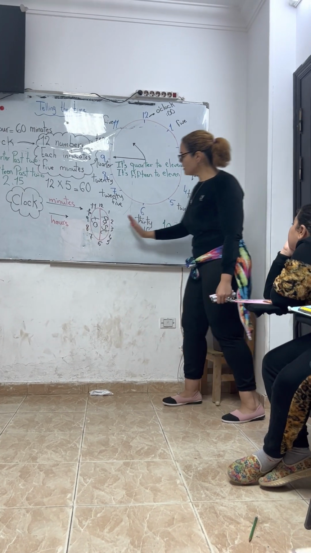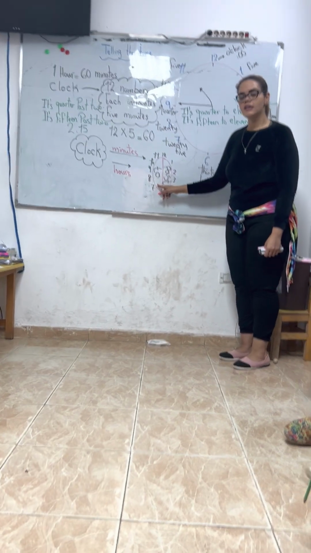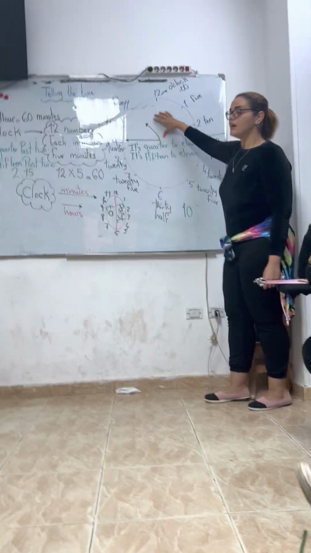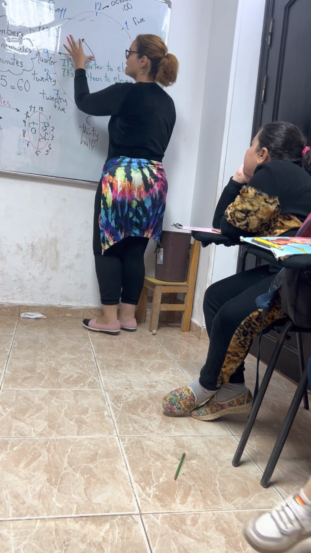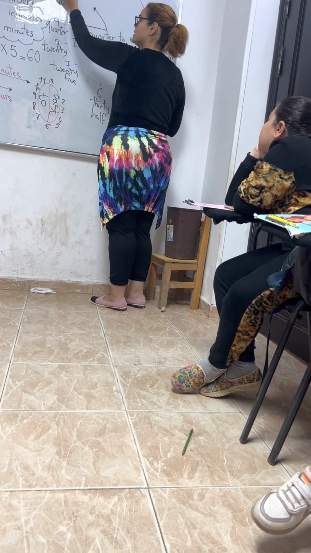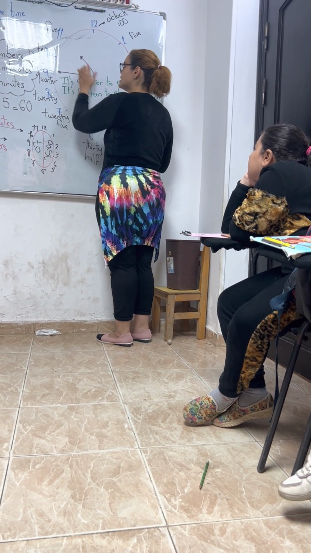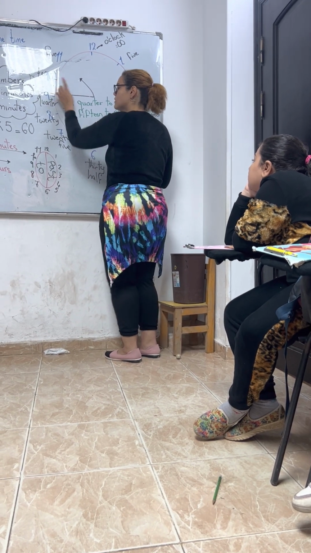Why? When I come to the part of 2, everything changes. When the smallest arrow points to any number, we don't write the number itself. We write a number less. So this comes between 10 and 11. I'm going to choose 10.